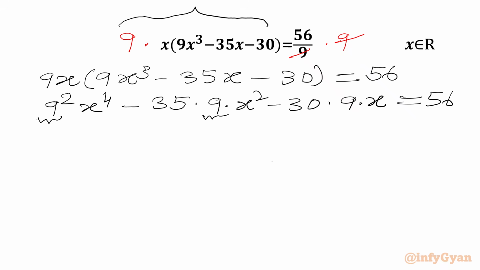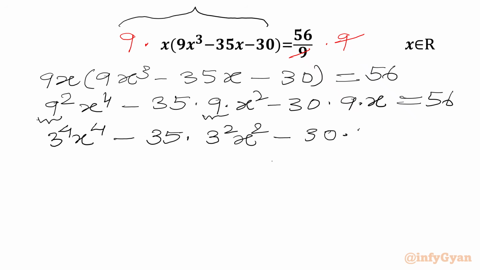So we can write 3 square whole square using power rule. 3 square whole square will be 3 power 4 x power 4, minus 35 times 3 square x square, minus 30 times 3 times 3x, minus 56 equal to 0.